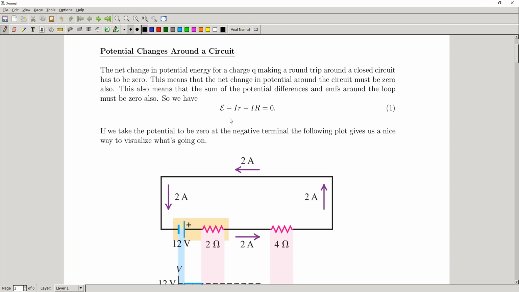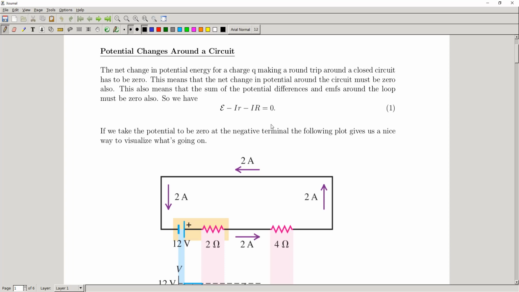So this would be the terms that the battery would be responsible for, and this IR would be the potential difference across the rest of the circuit, right? This is our Ohm's law, V equals IR. We just have the IR here.